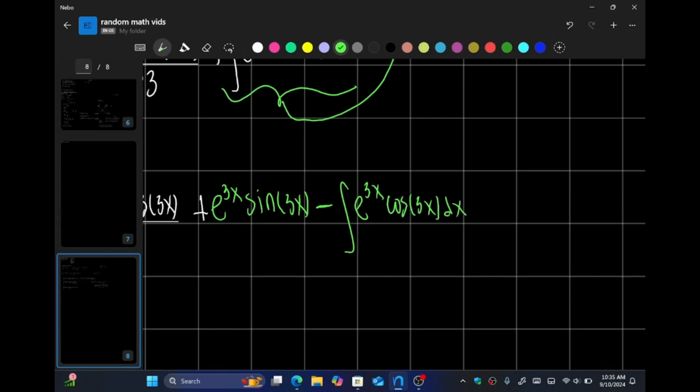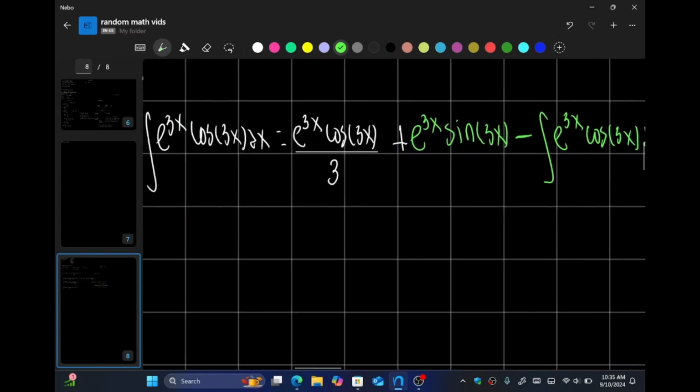So this is basically a matter of doing integration by parts twice, guys. Let's rewrite this without colors.